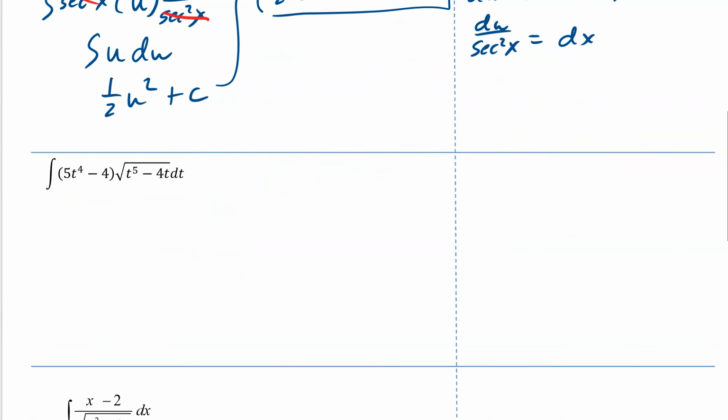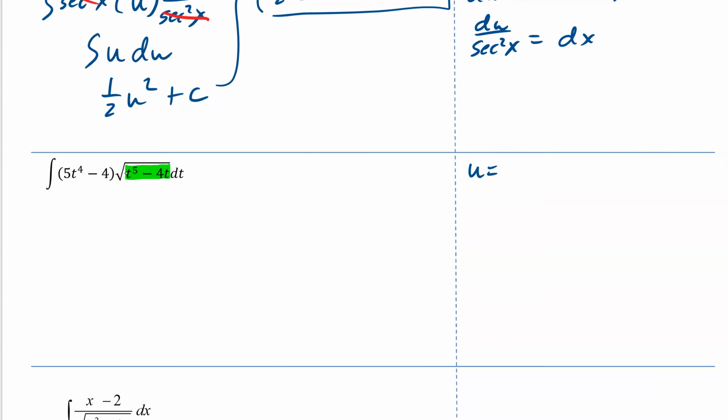All right, one more. So we look at this one. You can see that we have an inside here, and we have an inside here. And so again, we're looking at derivatives of each. So if I were to take the derivative of 5t to the 4th, that would give me 20t cubed. Not this one. But if I take the derivative of t to the 5th, that's going to give me 5t to the 4th. That's my u.